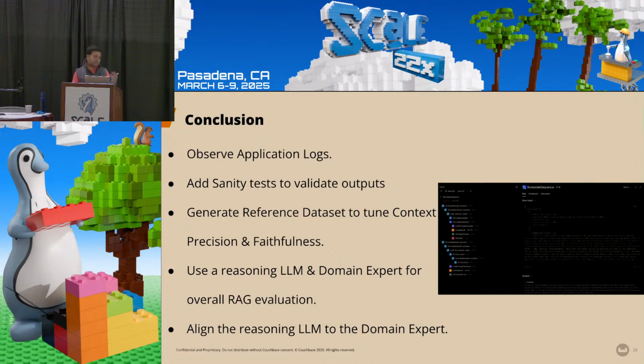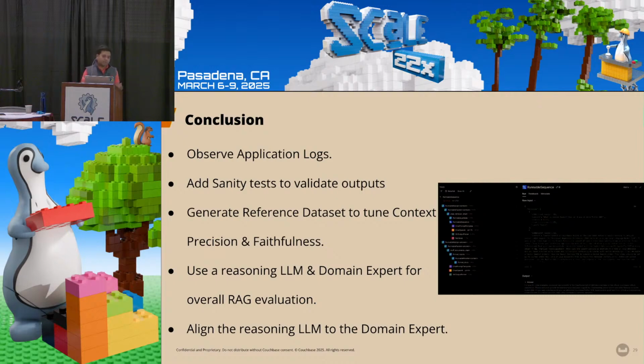One of the things you get with these application logs is that it helps a lot in coming up with a reference data set to tune your context precision and faithfulness, so that you know that your retrieval system is working, and that your generation is also following the context provided from the retrieval system.